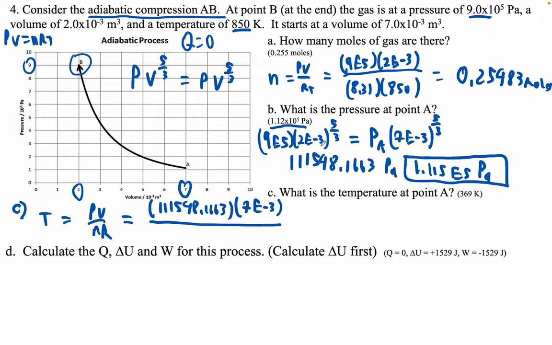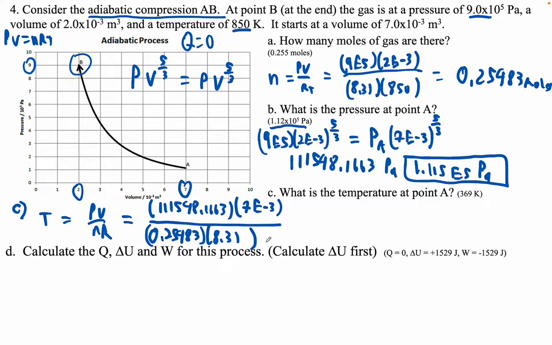We're going to divide that by the moles we figured out, 0.25483. And then R is still 8.31. All right, we can do this. We have the tools, we have the technology.